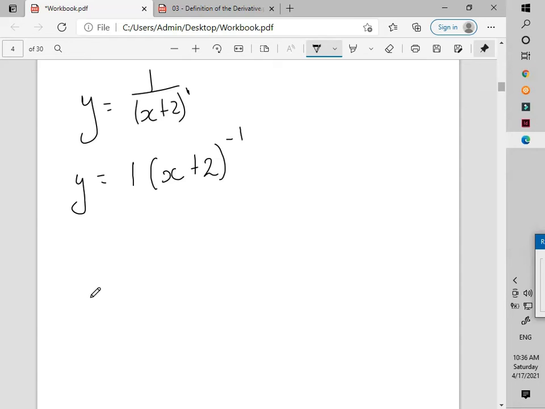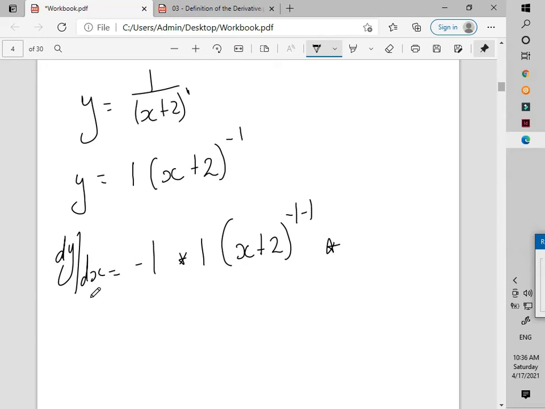Moving on to the next step, where I would be taking the derivative, I'll have minus 1 times 1 of x plus 2 to the minus 1 minus 1. Remember, we have to subtract from minus 1, which is going to be multiplying the derivative of what's in the bracket, which is going to be 1 because it's just x.